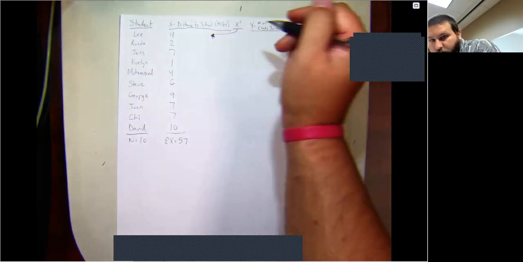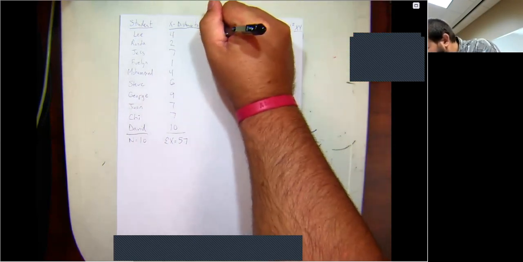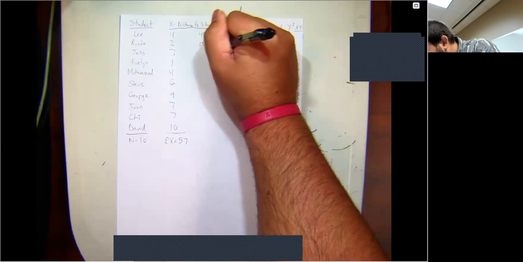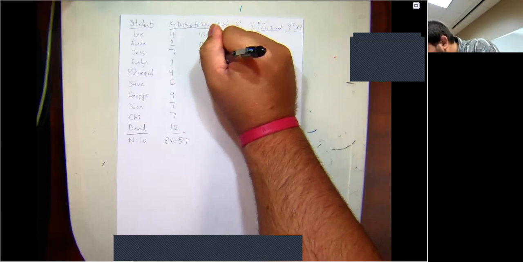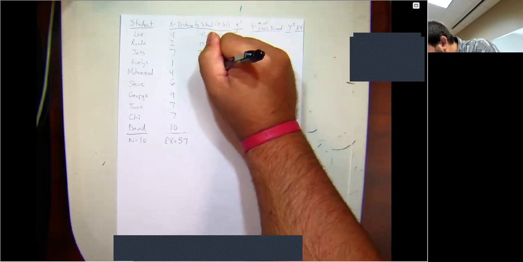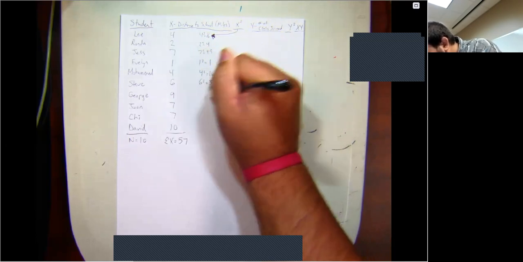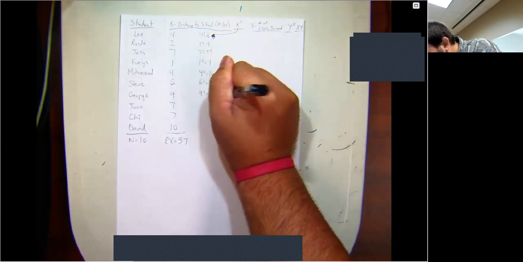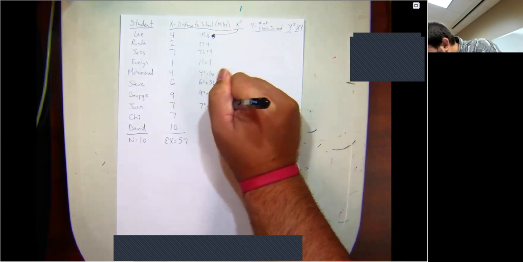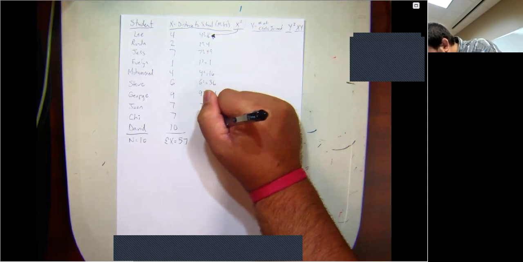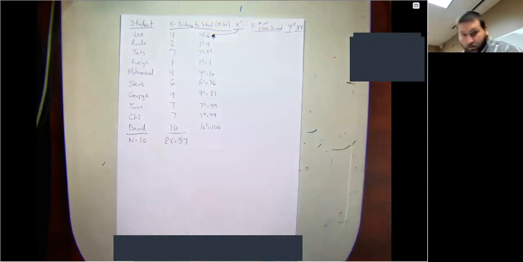X squared, 4 squared is 16. 2 squared is 4. 7 squared is 49. 1 squared is 1. 4 squared, 16. 6 squared, 36. 9 squared, 81. 7 squared, 49. 7 squared, 49. 10 squared, 100. Okay, so those are our X's squared.